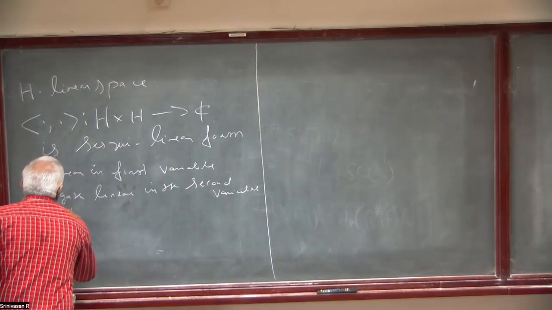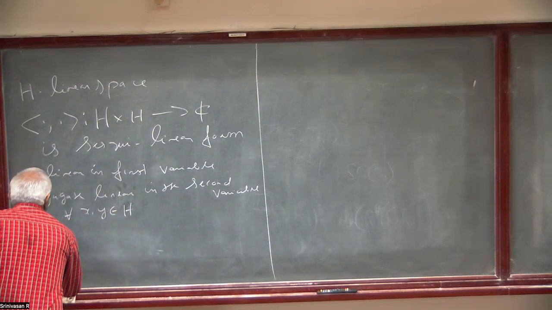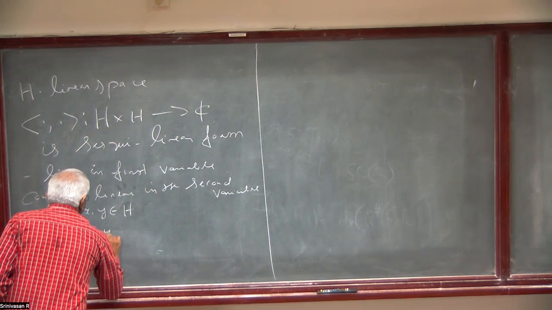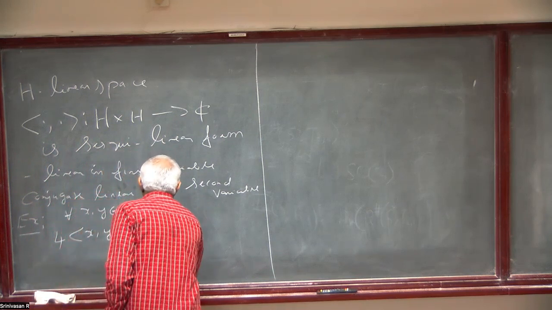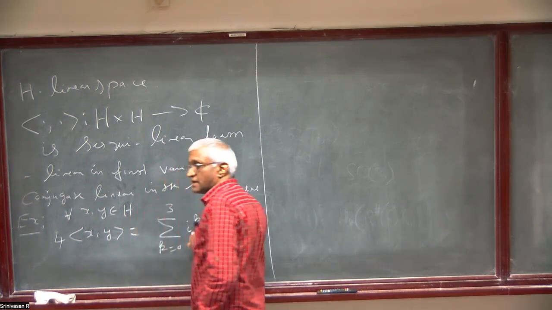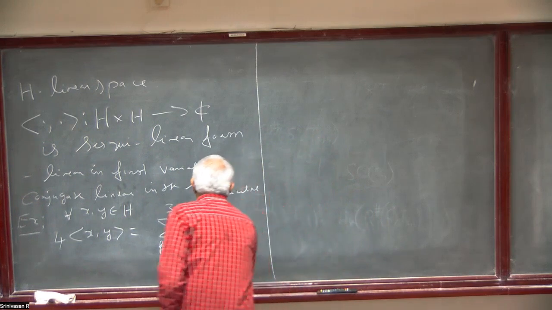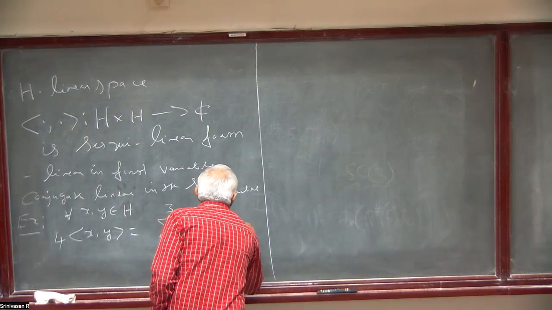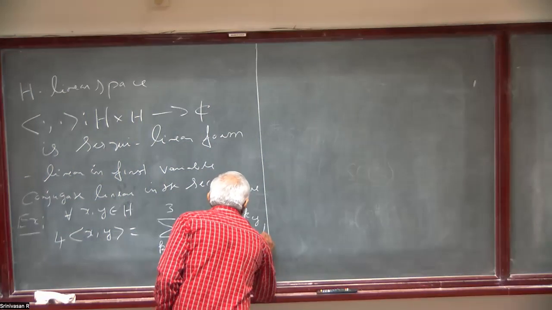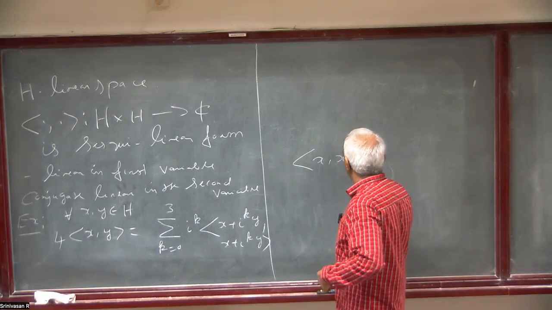So for all x, y, we get this. Usually, when you have an inner product, we will write this as a norm.